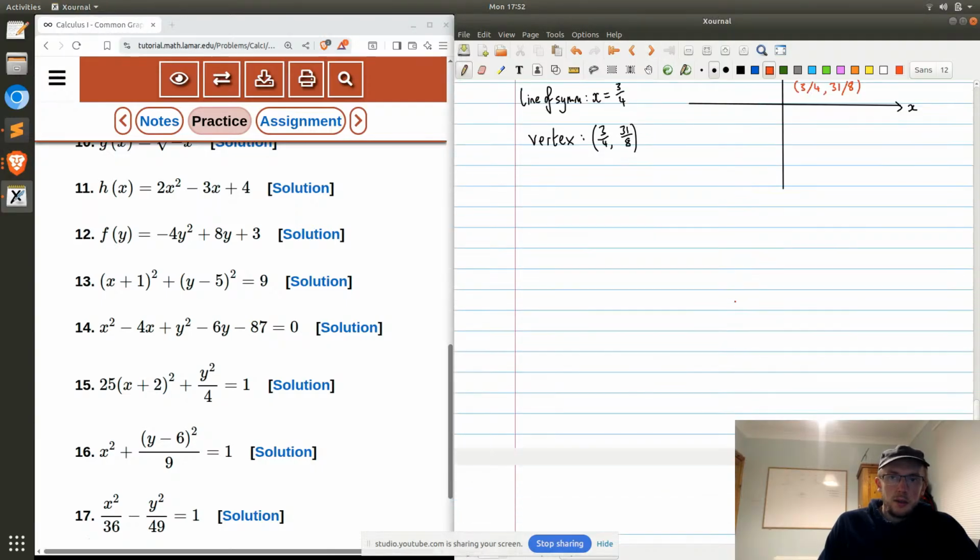Now, here we have a parabola. And this time he is doing it in terms of y, so I'll recognize and honor that. And it's opening up towards the left.